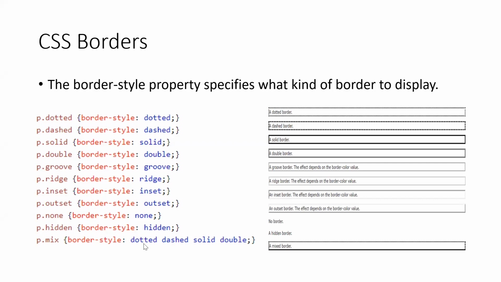You can see here the top we have dotted, and then you have dashed, solid, and then double, right? So this is the top one. The right is dashed, the bottom is solid, and the double is on your left-hand side. Likewise, you can change the border.